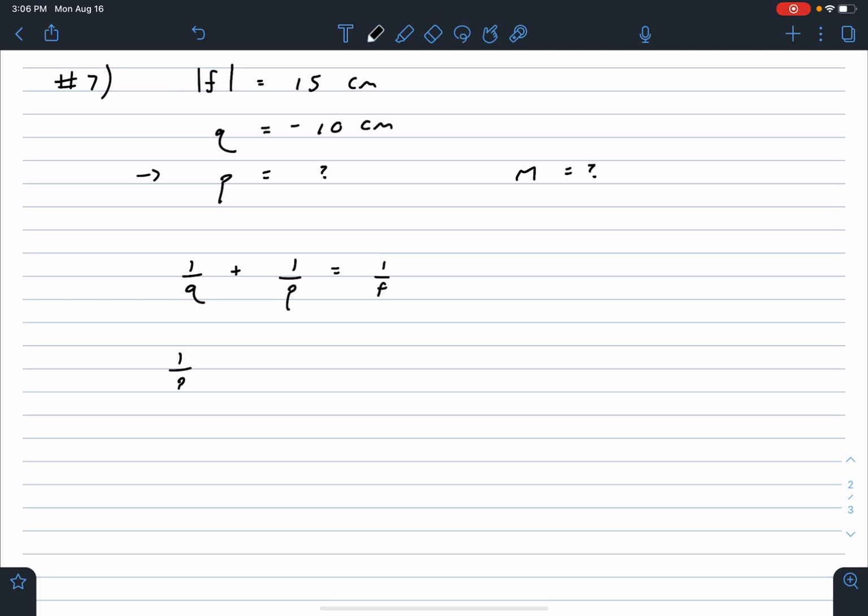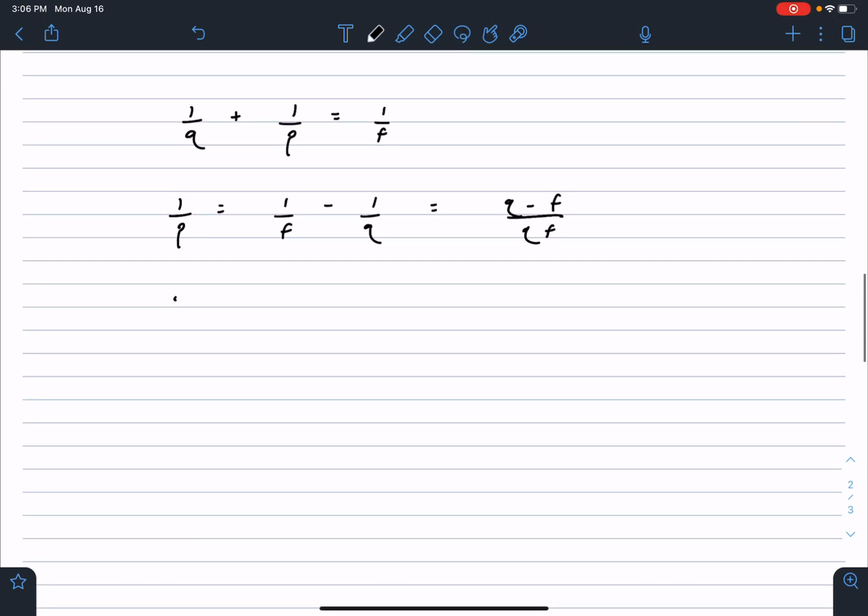So 1 over p is equal to 1 over f minus 1 over q, which is equal to q minus f over q times f, which means that p is equal to q times f over q minus f. Right? And so then that's going to be negative 10 centimeters times 15 centimeters.